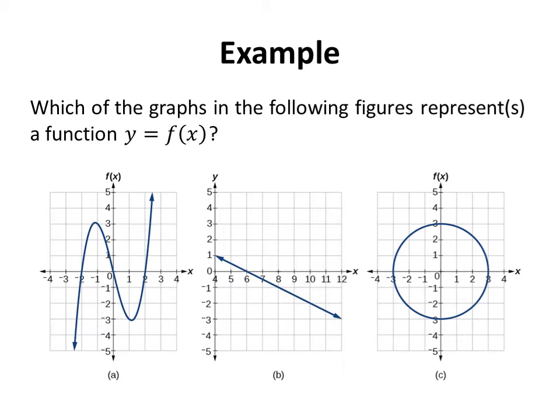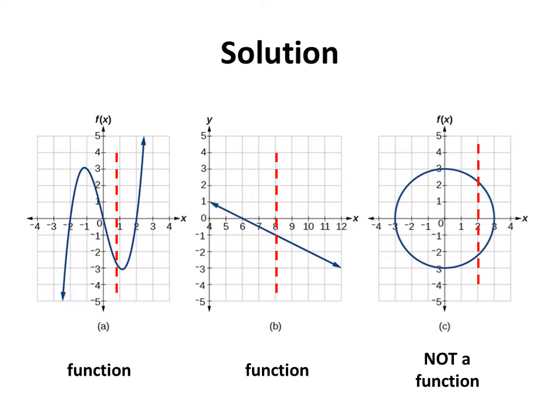Example: which of the graphs in the following figures represent a function y equals f of x? Solution: if any vertical line intersects a graph more than once, the relation represented by the graph is not a function.